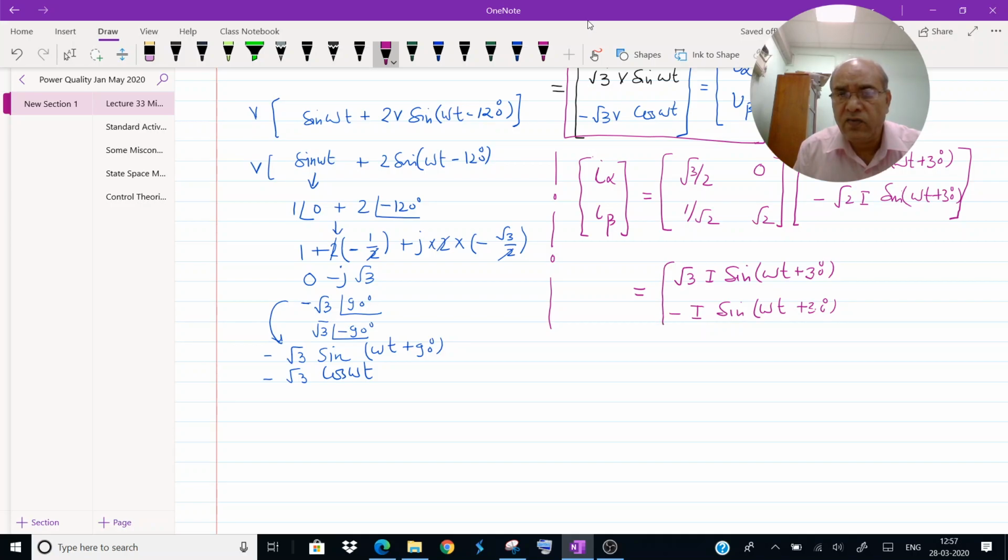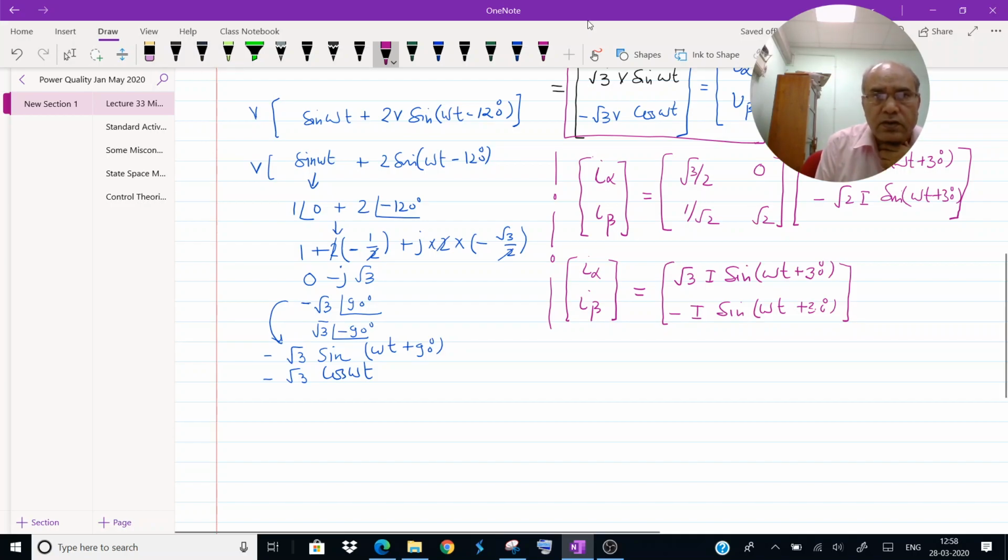These are I alpha and I beta. Correct? So now we know for this case what is I alpha, what is I beta, what is B alpha and what is B beta. Now we can find out the powers using these expressions.